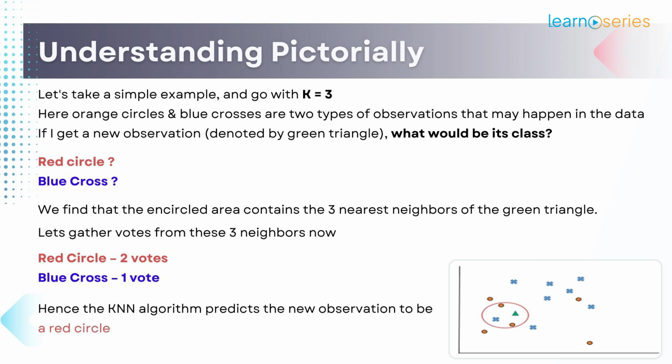You have given k equal to 3, so it will identify 3 nearest neighbors. Let's gather votes from these 3 neighbors. Majority vote: if you see 3 is given, then obviously there will be a clear majority. Hence, the KNN algorithm predicts that the new observation would be the red circle.